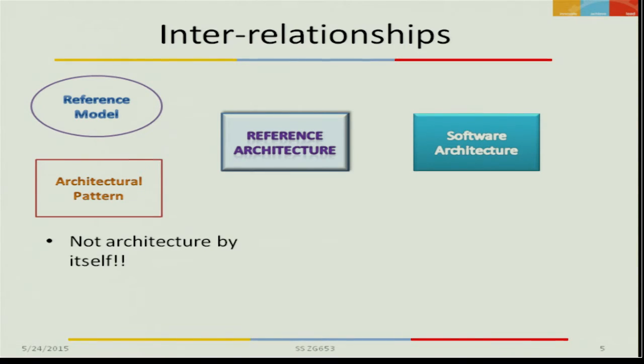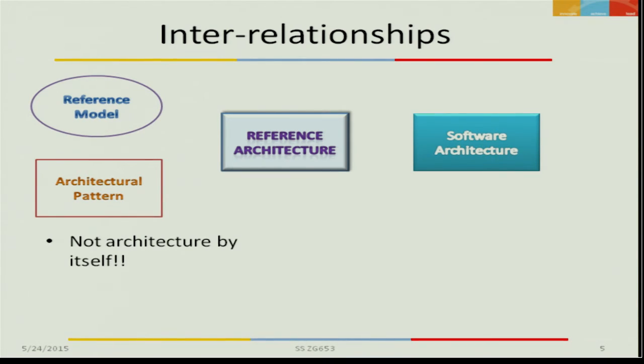And architectural pattern is, so far, whatever we have learned or whatever we are going to learn in this course. And if you also look at different other materials about architectural patterns, they primarily deal with non-functional attributes. They are there to address certain non-functional requirements.